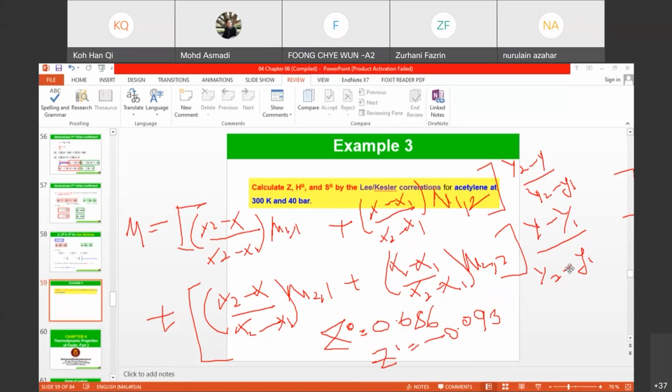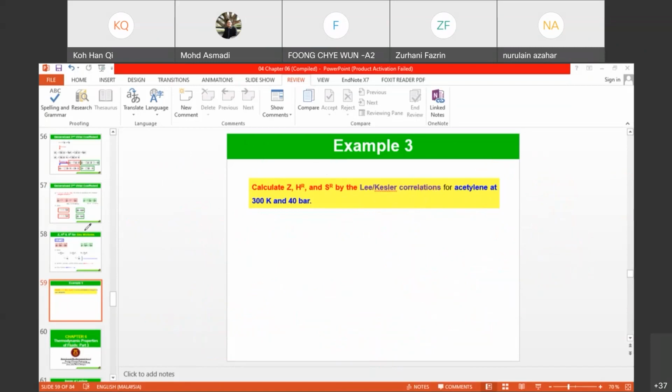Okay, and then you can calculate the total Z. Similarly also for the HR, okay? If you calculate HR, you have to do interpolation, and then finally you have to multiply with RTC to get the answer.